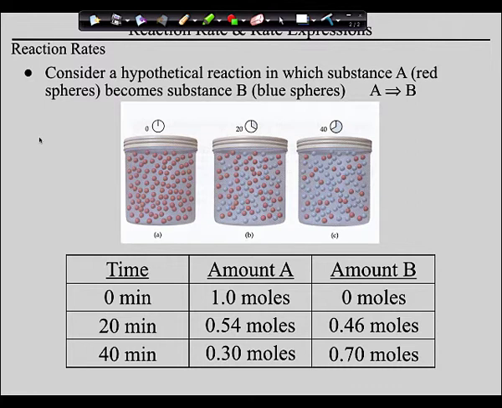They get so close that we consider them to go to completion, but statistically, at any given moment, there will be some uncollided reactant. We don't worry about it, but technically, that is the case.